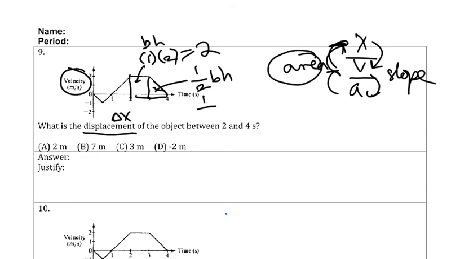Okay, my base will be from 3 to 4, that is 1. The height is from 0 to 2, which is 2. Okay, and that will be equal to 1. When I add them together, I end up with 2 plus 1, which is 3 meters total, and that is answer C.